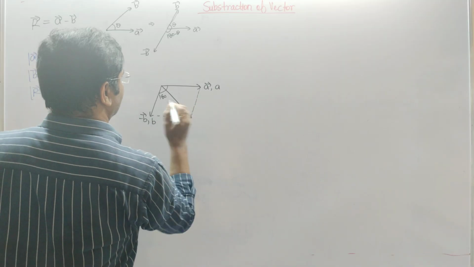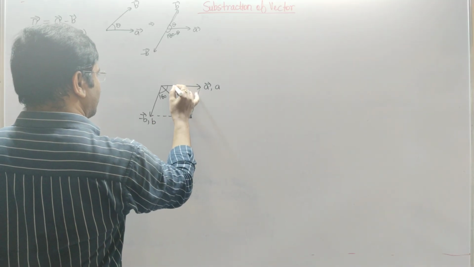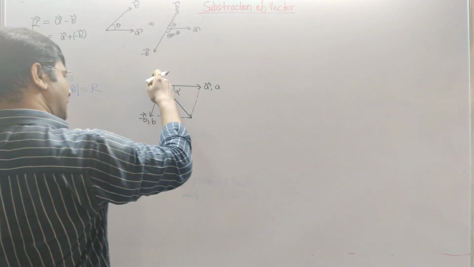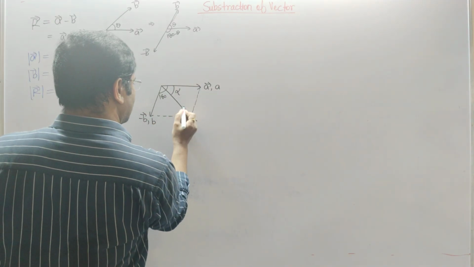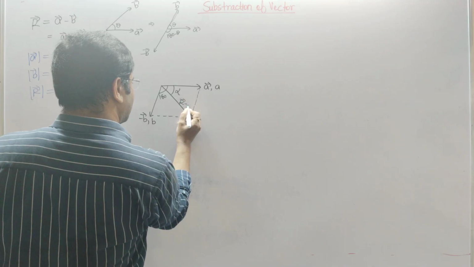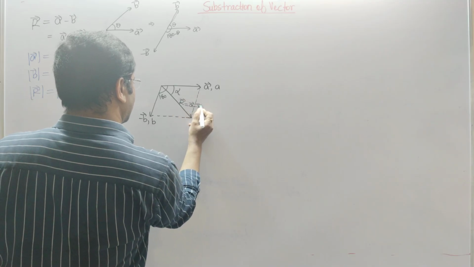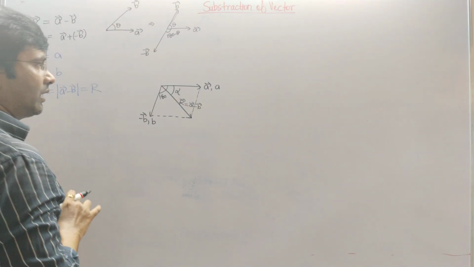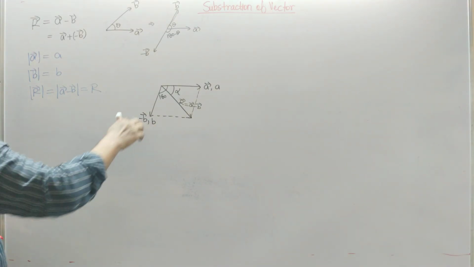Okay. This resultant will also make some angle here. Let's take alpha. So I will find the direction of this resultant. This is resultant R, which is A minus vector B, meaning the summation of vector A and minus B. Okay. So here we will find the resultant.